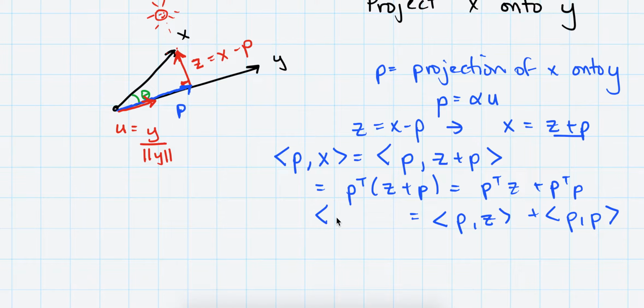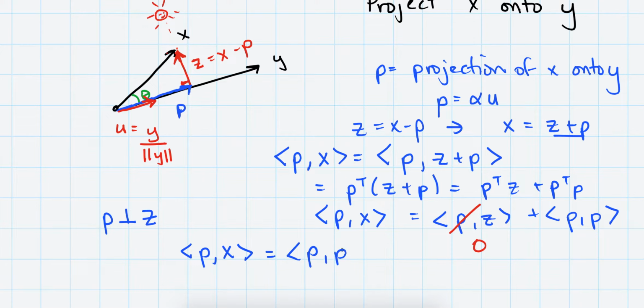So this is p and x. But this vector p, because it's in the same direction as y, is going to be orthogonal to z. So p is perpendicular to z, which tells us that the inner product is 0. So we can cancel this out and we get 0. So what we're left with is that this dot product is equal to the dot product of p and p.